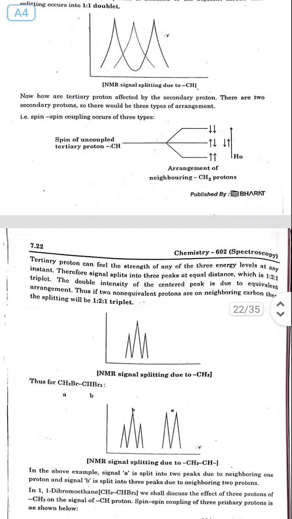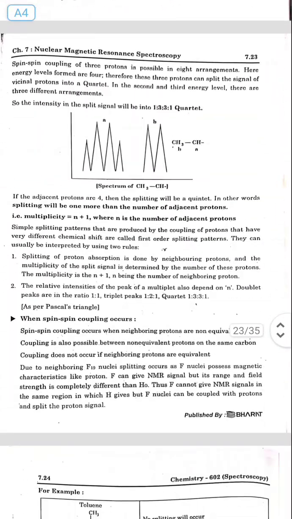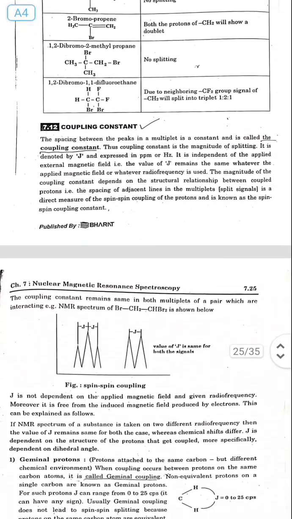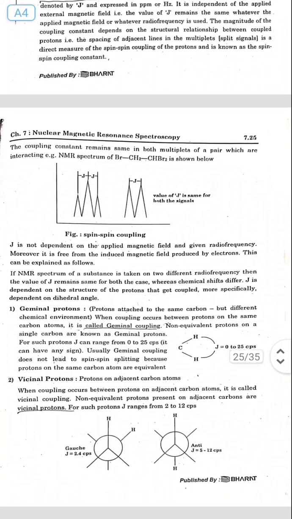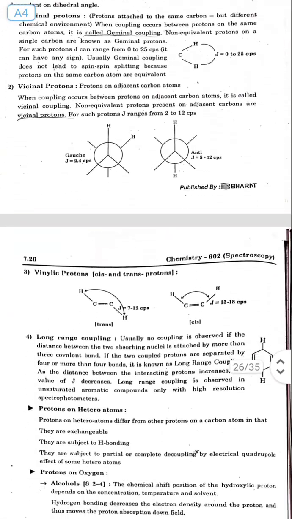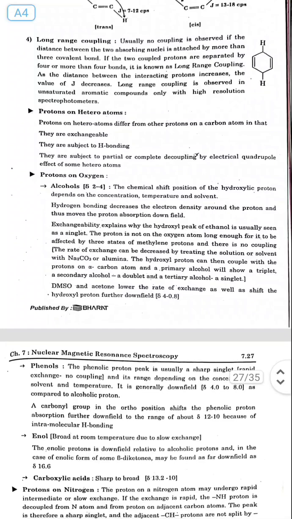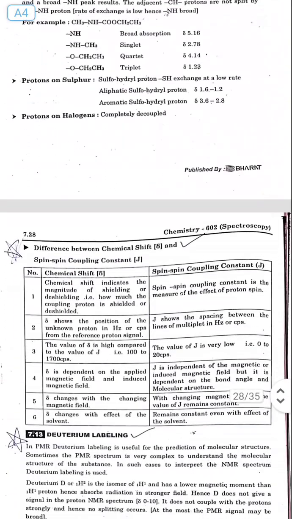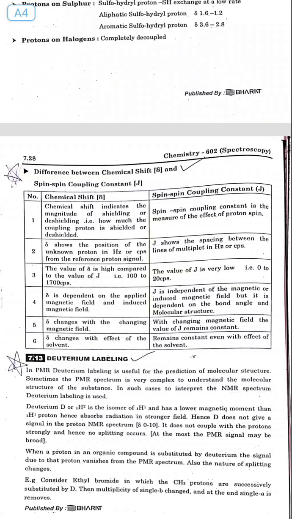These notes are very helpful for your exam and study. This is very easy English for the coupling constant we studied, and vicinal protons, geminal protons, long range protons, protons of oxygen, phenols also, okay? Here is the difference between spin coupling constant and chemical shift also.